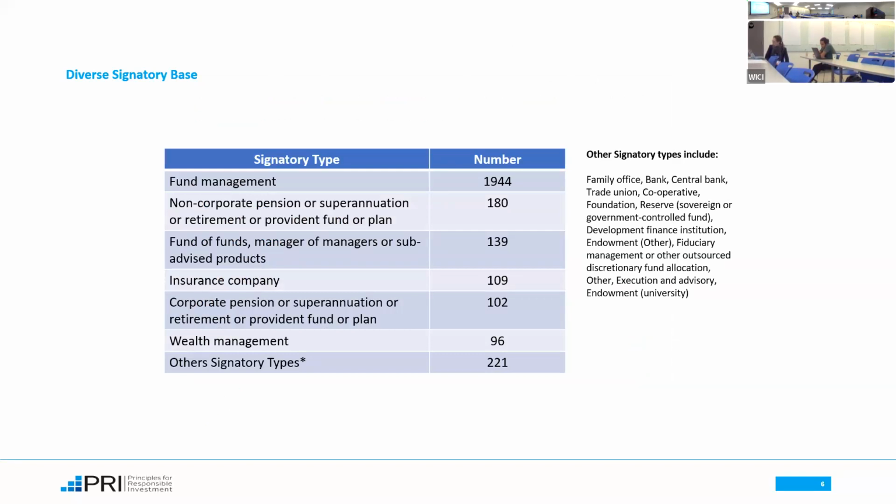But each one, whether they be fund managers, fund of funds, insurance companies, wealth management, and there on the right, you'll see that things become very unique. Central banks, trade unions. It does matter quite a lot what type of institution you are. And PRI investor base is a lot of different types of institutions.